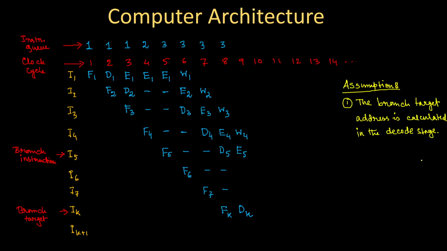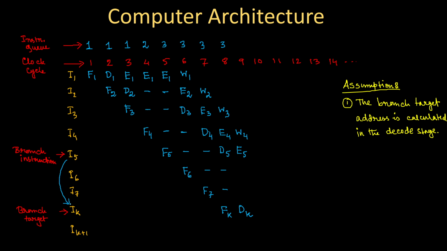So in a similar way, if we stick to this particular assumption, execution of this I5 is no more required, because after D5 the processor already has an idea where to jump, and that is this location from I5 to IK.